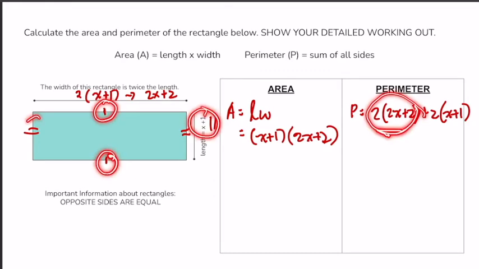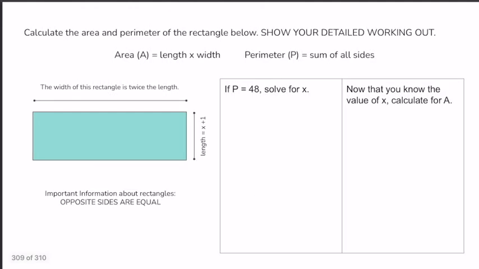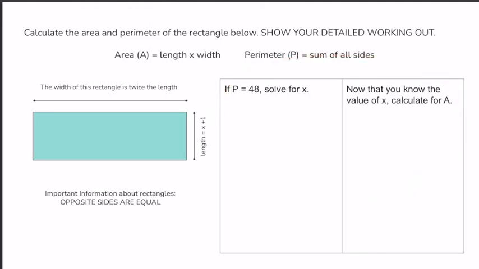And these two sides are equal. That's why it's 2x plus 1. And again, this is the same thing. Once you calculate for area and perimeter, you can use perimeter to solve for x, and then you can substitute x to calculate for the area.